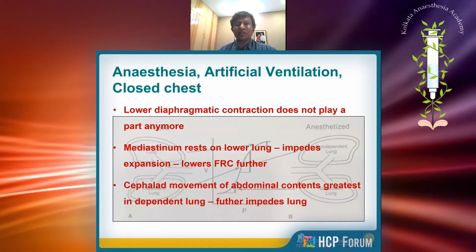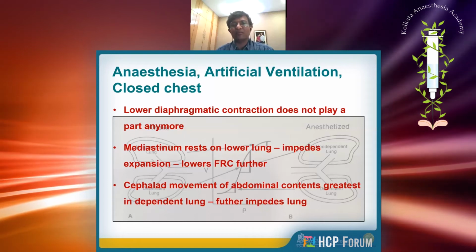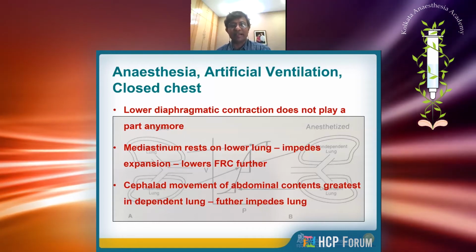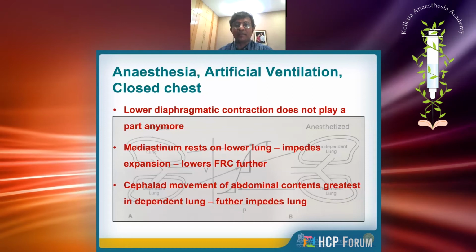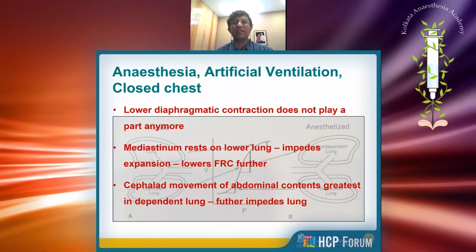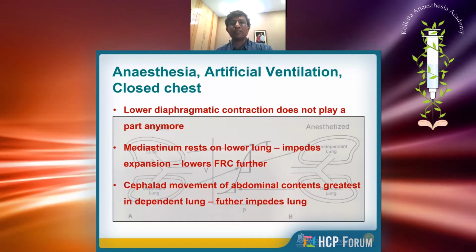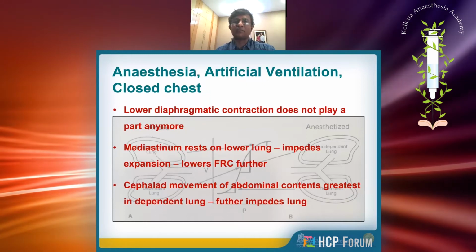And because of the lack of tone in the abdomen, there is a more cephalad movement of the abdominal contents, which is greatest in the dependent lung, and impedes the FRC or the expansion of the dependent lung even more. So this is what is happening the moment you paralyze and start positive pressure ventilation.